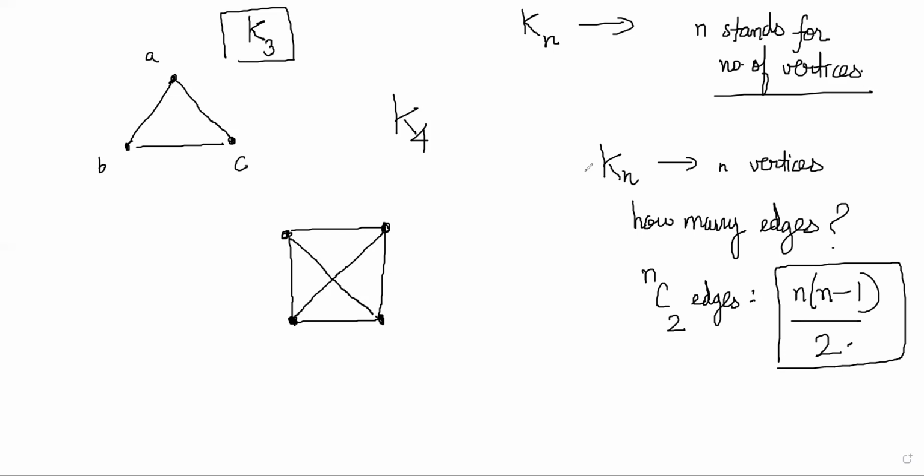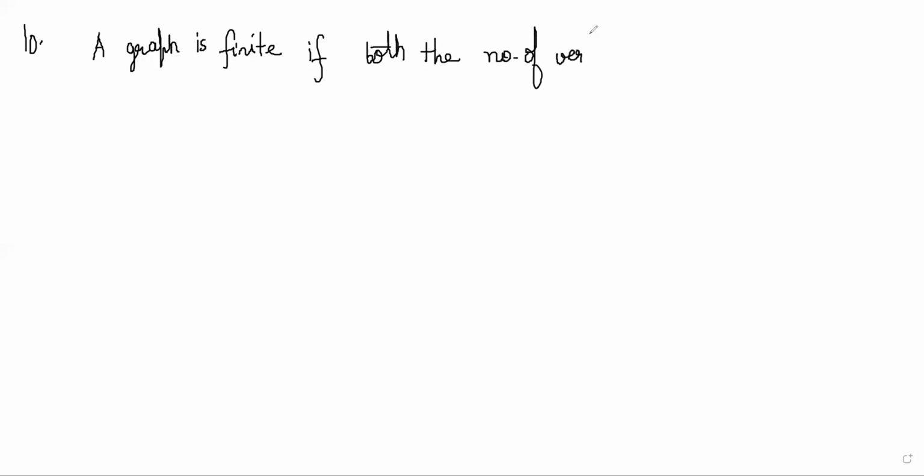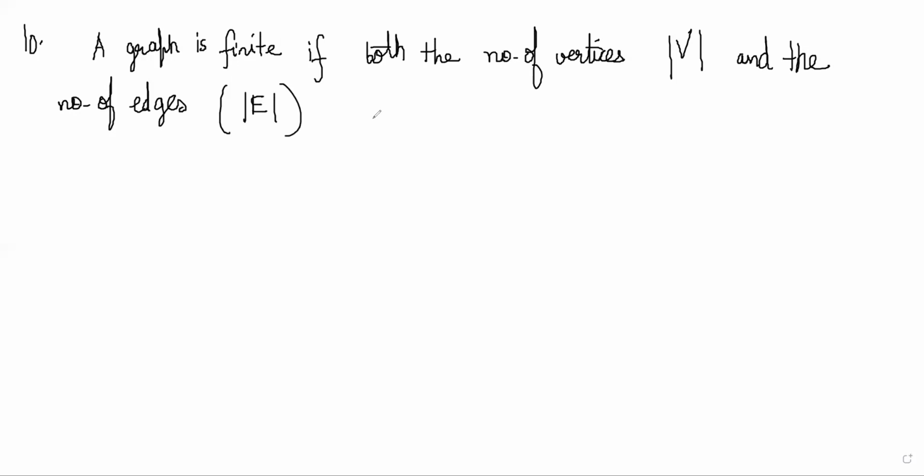Okay. So the last theory point that I want to mention in this introductory video is point number 10, which is a graph is called finite. A graph is finite if both the number of vertices, which is the modulus of the V set, and the number of edges, which is mod of E, are finite.